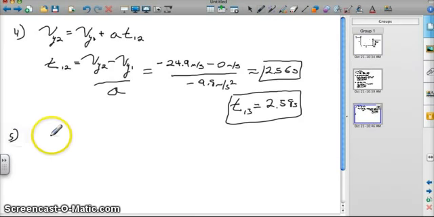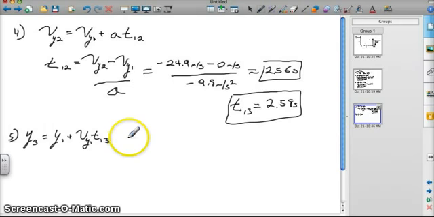So if I do that really quickly, Y3 is where the bullet landed at point 3 in the wall. Y1 is where it was shot at point 1. Velocity Y1 times time 1 to 3 plus the acceleration divided by 2 times the time 1 to 3 squared.